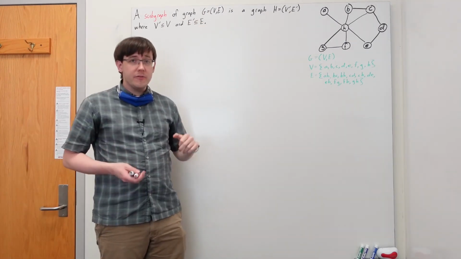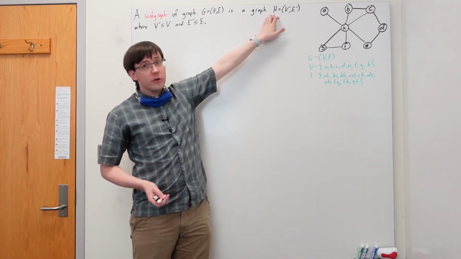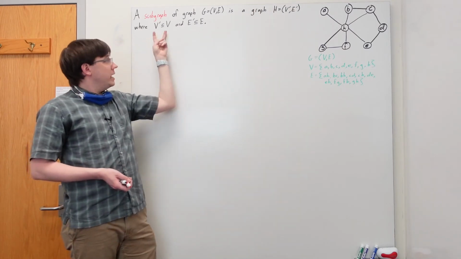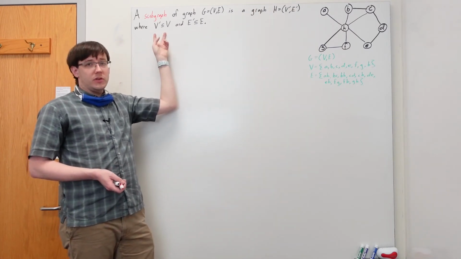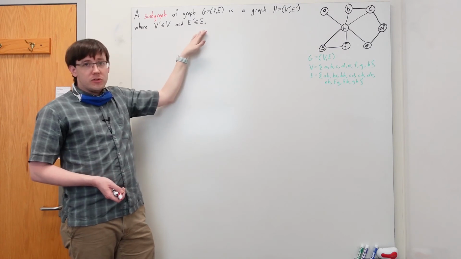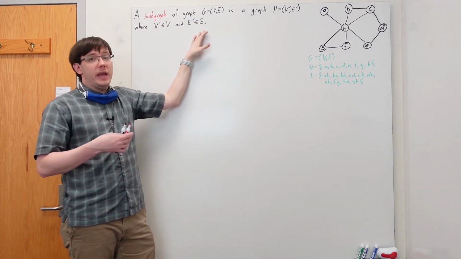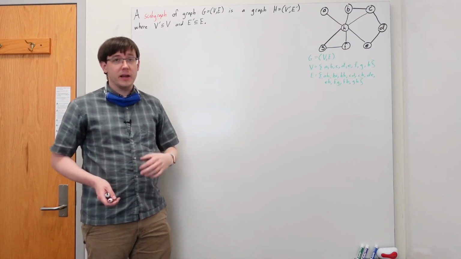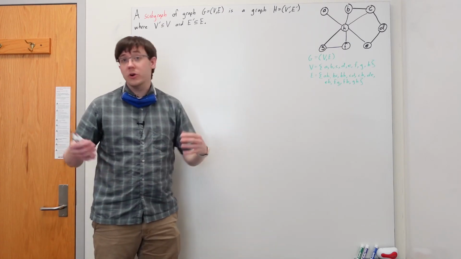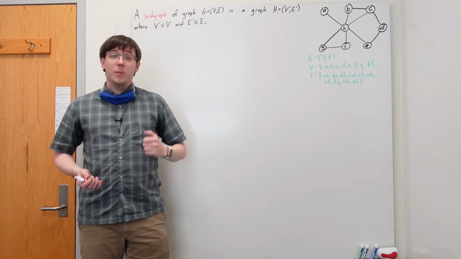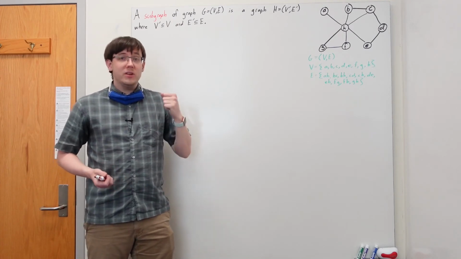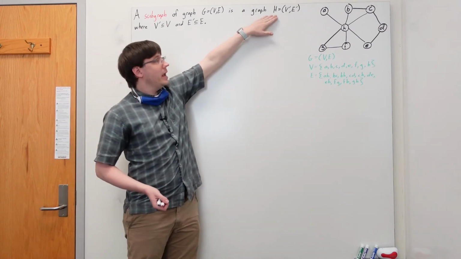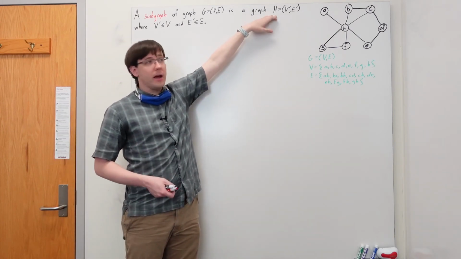A subgraph of G is another graph H where the vertices of H are a subset of the vertices in G, and the edges of H are a subset of the edges in G. So we can get a subgraph by deleting edges or deleting vertices, but of note, when we delete vertices, we need it to be the case that H is still a graph.